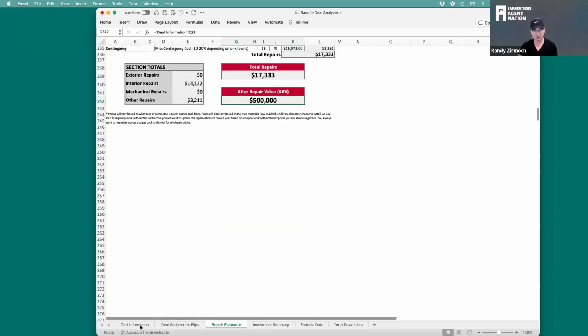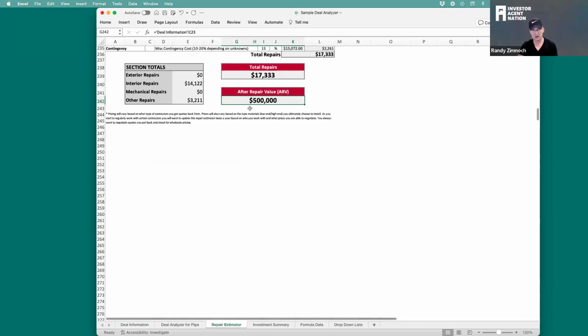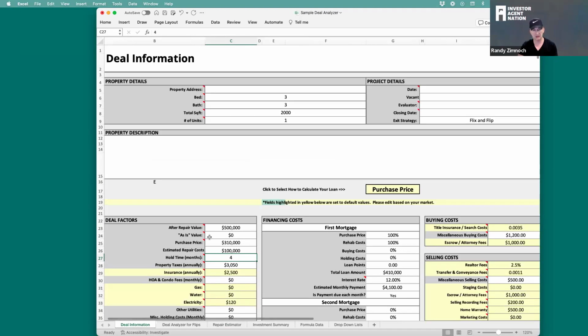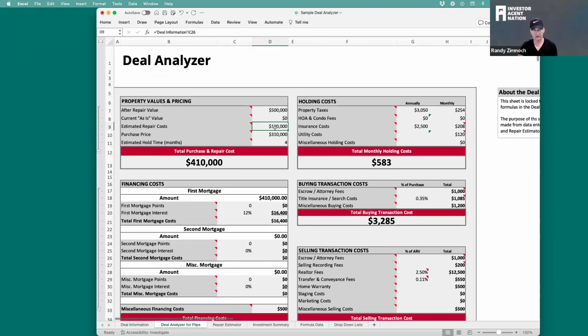So what I do is I just overwrite this and type it in. But I'm just letting you know that the one I'll give you, if you're requesting one, is going to be pulling the repair number from what the total is right here, and dumping it into this field, and it will dump it automatically into this field.